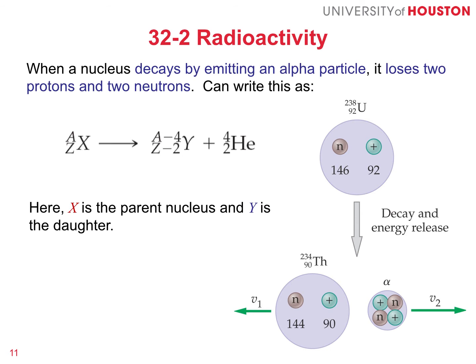To conserve these numbers, we emit a helium atom in the process, which is the alpha particle, and this will of course have a mass number of 4 and an atomic number of 2. On the right we have an example where uranium decays to thorium and an alpha particle. In the process of this decay, we actually have an energy release, just as we do for chemical reactions.